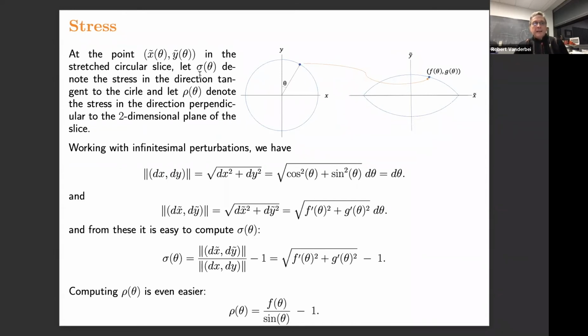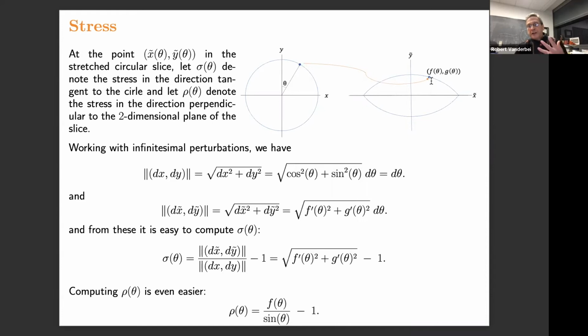So let sigma of theta denote the stress in the direction tangent to the circle, and let rho of theta denote the stress in the direction perpendicular to the two-dimensional plane that we're looking at here. So here's the stretched ball.